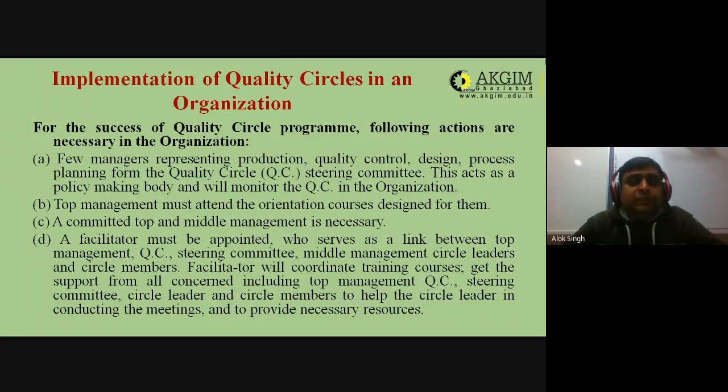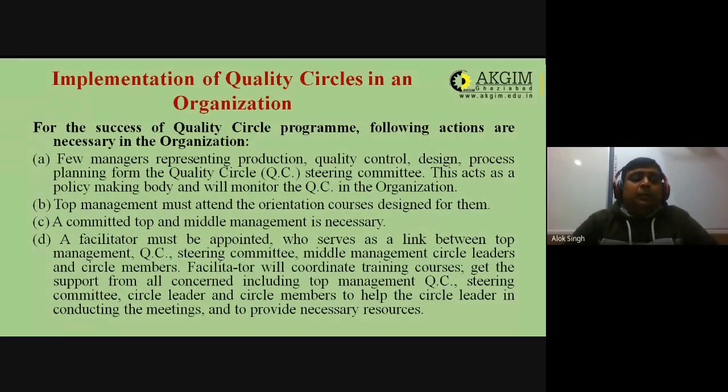Okay, next is top management must attend the orientation course designed for them. Means the orientation program is basically telling everyone about the objectives of quality circles. So in that orientation program, top management should attend the orientation course designed for them, so that they would also be aware for what purpose we are creating quality circle.